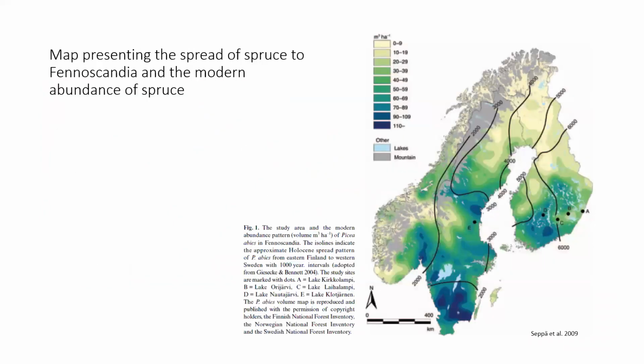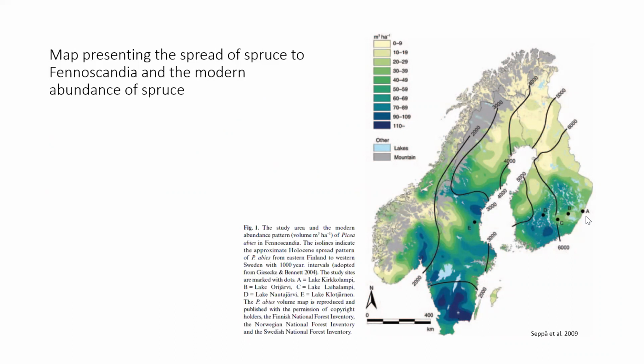Then as a third example, here's a map presenting the modern volume of spruce at the moment in Fennoscandia. These lines represent the spread of spruce through Fennoscandia from the east.